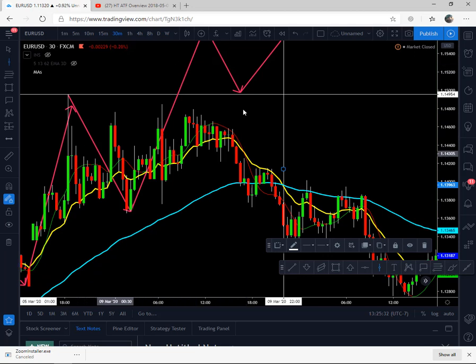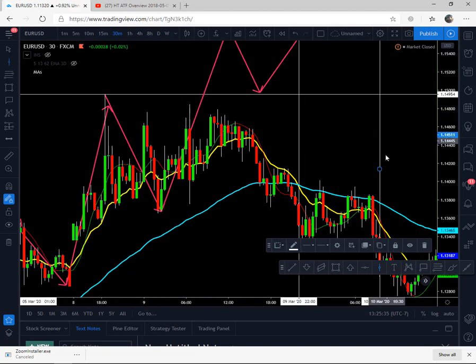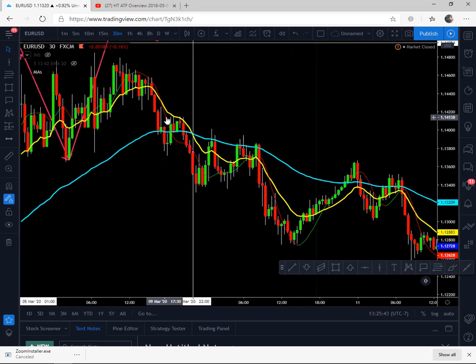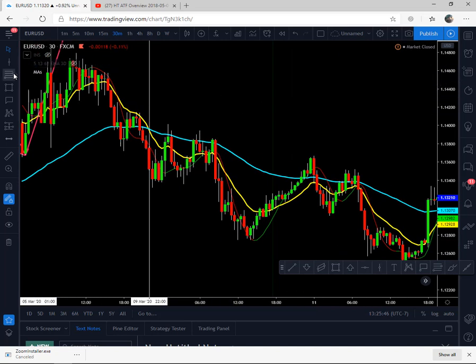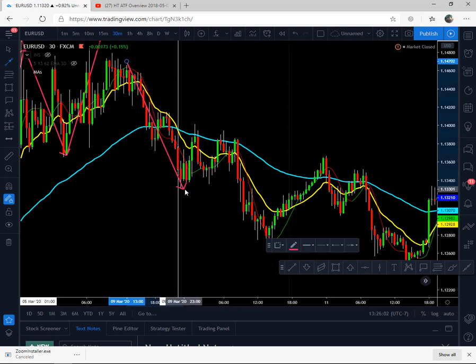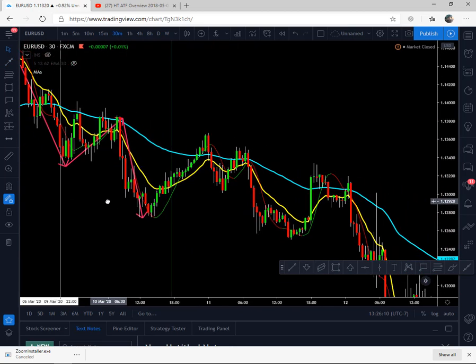So this was an uptrend, and now we might be looking at a potential downtrend if we start seeing lower lows. The price is now beneath the 62, and it's making those lower lows.